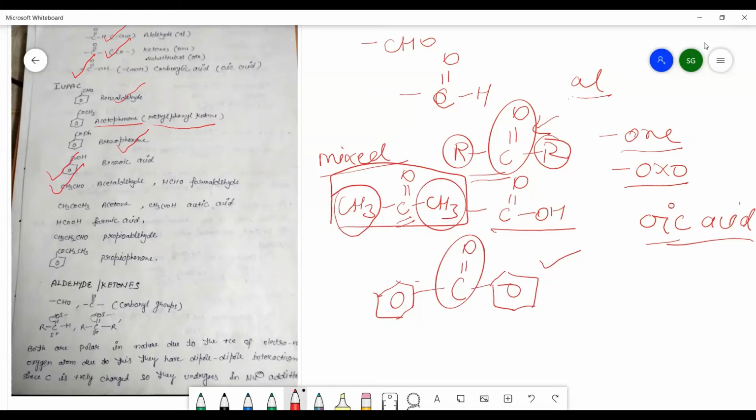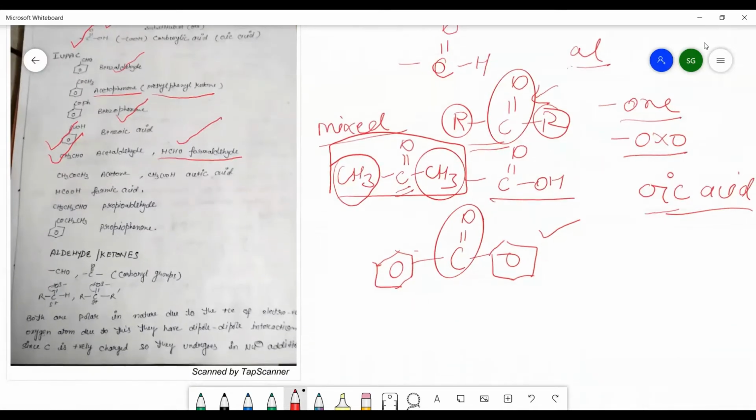Formaldehyde has the HCHO group, in which there is no R group present along with the carbon atom. It has the structural formula like this. This is formaldehyde, also known as methanal, and acetaldehyde is also known as ethanal, as two carbon atoms are present.